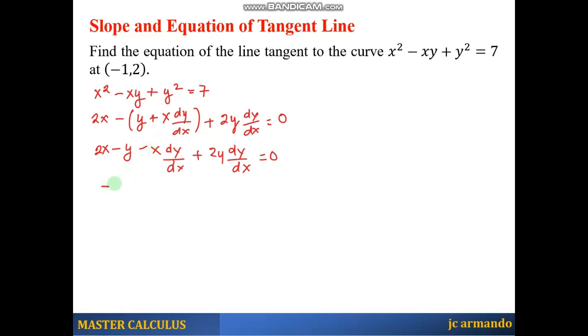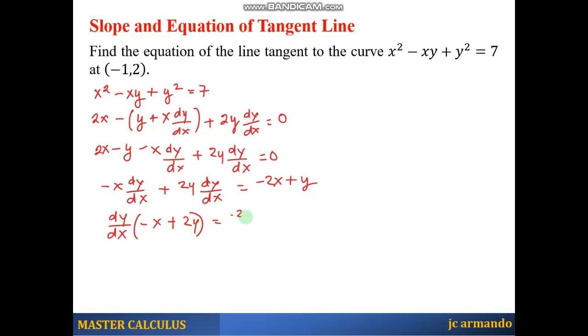So, you have negative x dy dx plus 2y dy dx. So, i-transpose natin yung 2x. So, negative 2x plus y, right? Then, factoring. So, dy dx times negative x plus 2y is equal to negative 2x plus y.